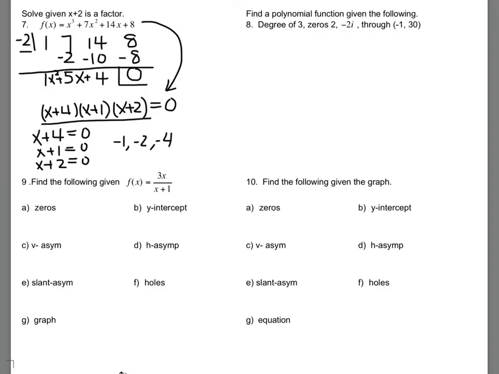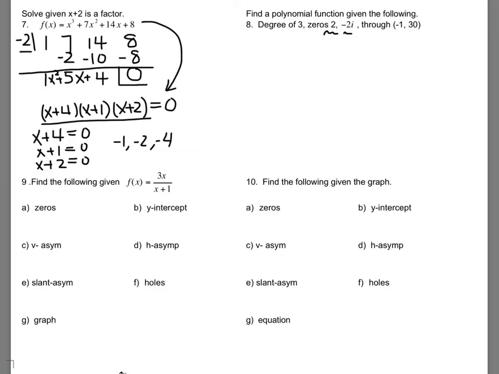Number 8. Find the polynomial function given the following. Degree of 3, and the zeros are 2, -2i. Why are we only given 2 zeros while the degree is 3? Do you remember that I said your number of zeros should always match up with the degree? So obviously there's one zero missing. What is it?